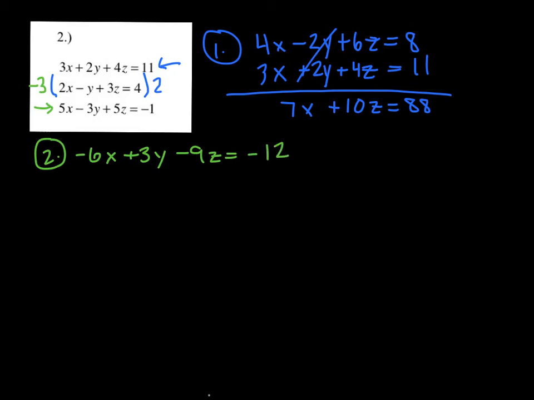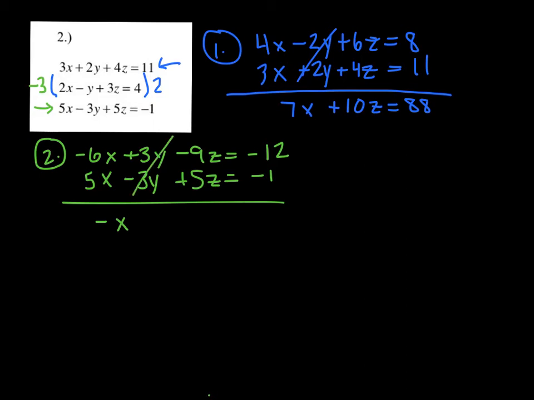And we're going to use that third equation, 5x minus 3y plus 5z equals negative 1 to eliminate the y's there. So, 2 equations, 2 variables, put them together to solve for one of them. So that's our third step.